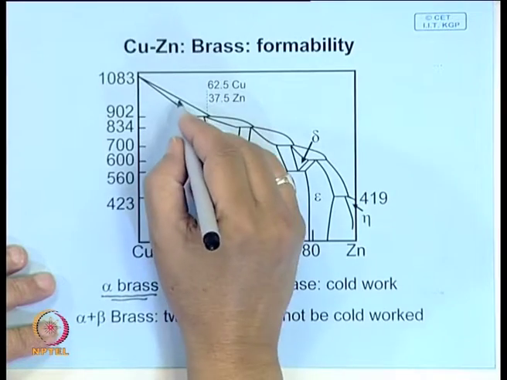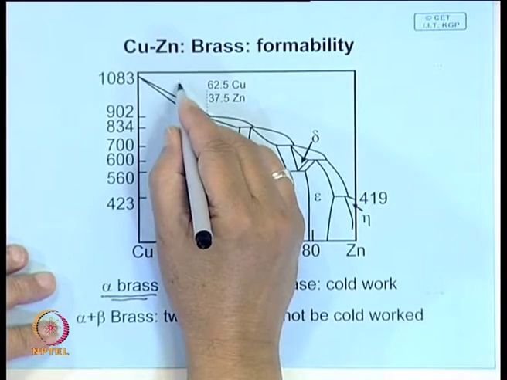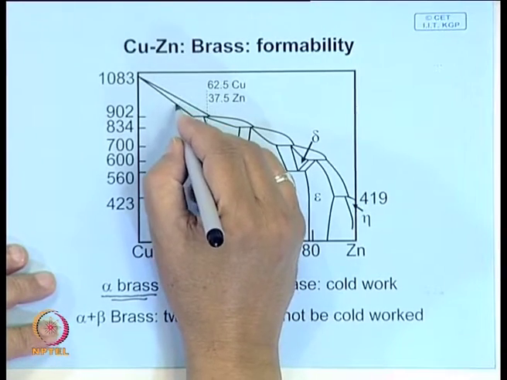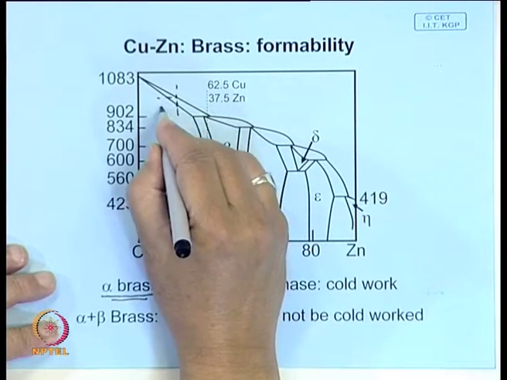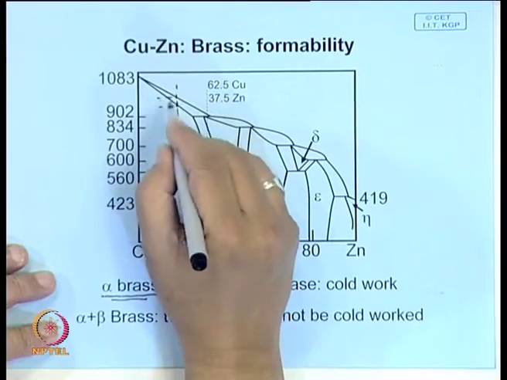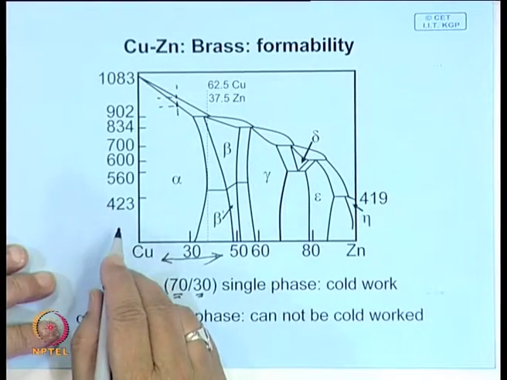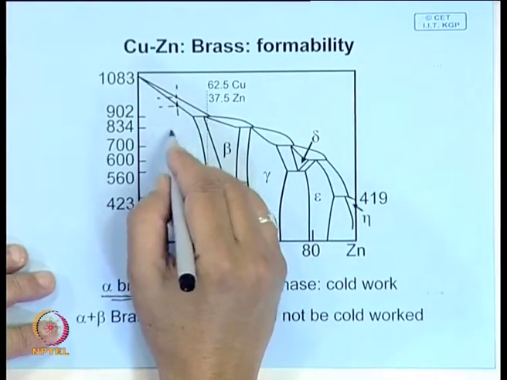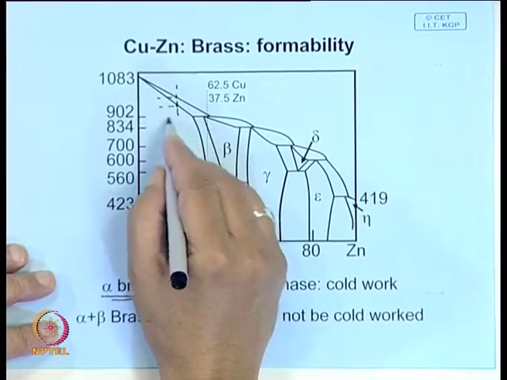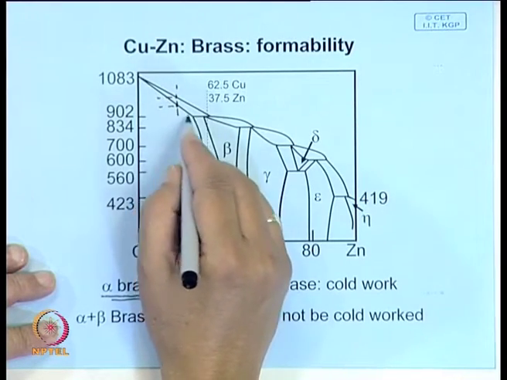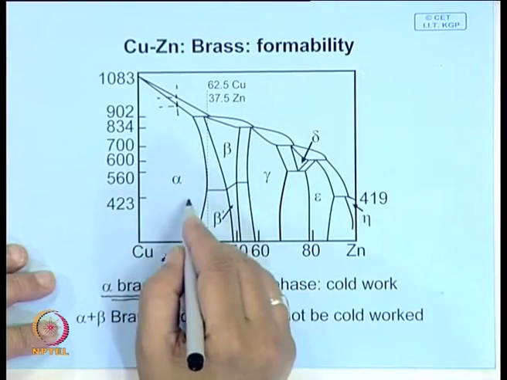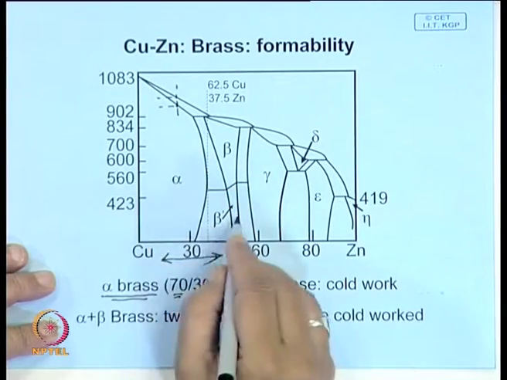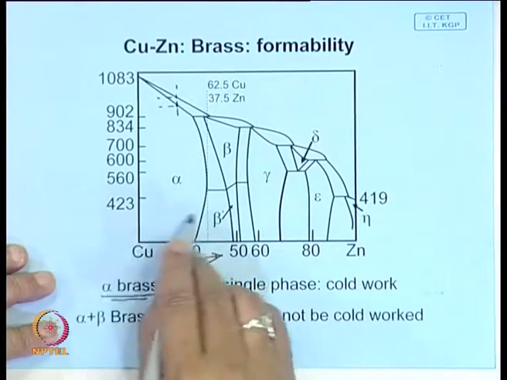Secondly, for cast brass the freezing range is not very large, so the extent of segregation will not be much. With a little hot working you will be able to remove this segregation, and after this primary processing the final processing can often be cold working and annealing.